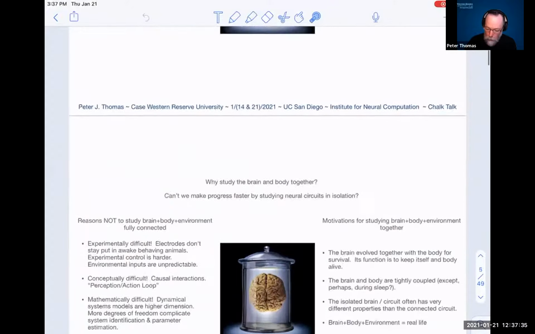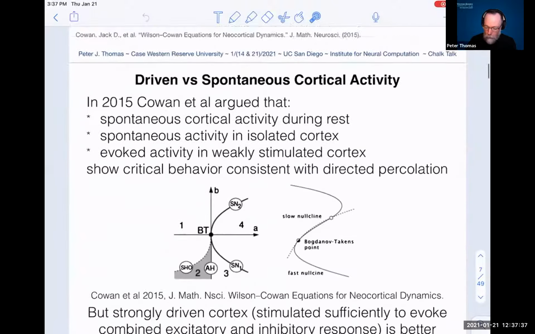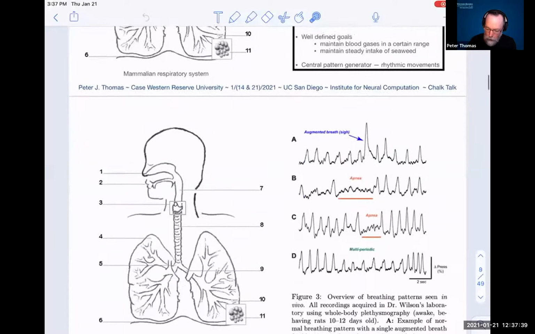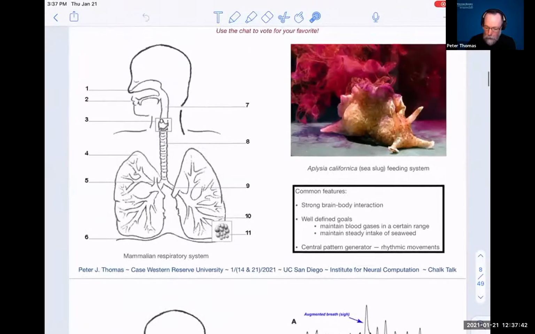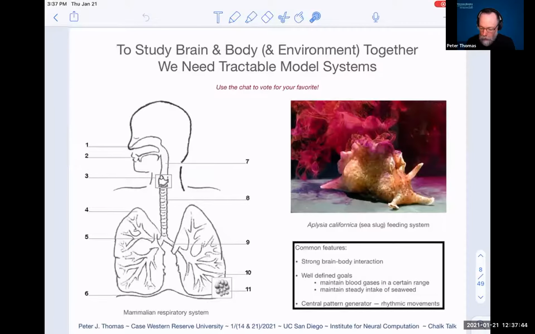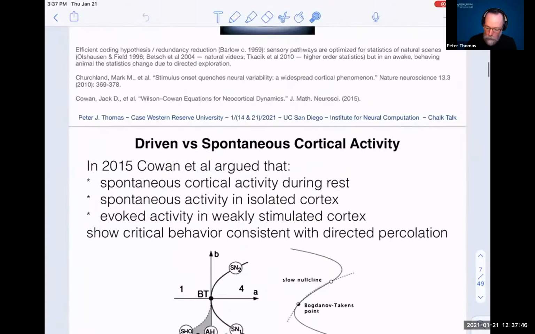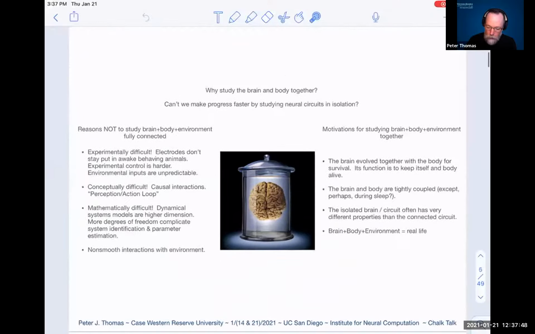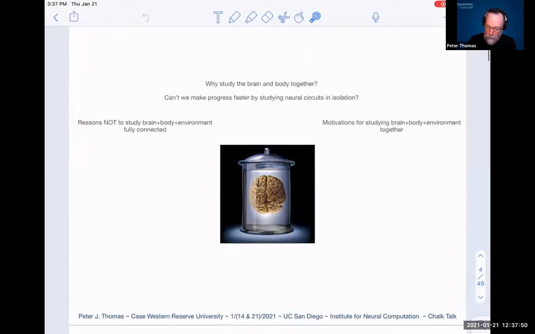So I've updated the slides I had last time. Oops, I went too far. Here we go. So we talked a little bit last time. We started with a discussion about reasons why one would want to study brain circuits as they are connected to interactions with the body and through the body to the environment, both the pros and the cons.